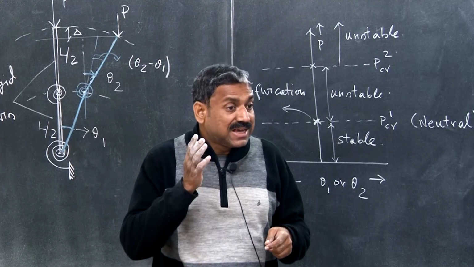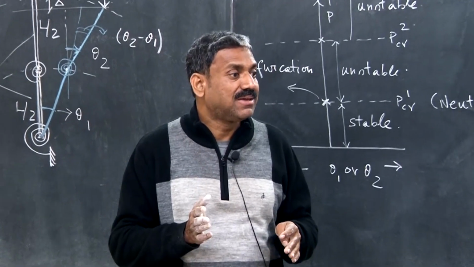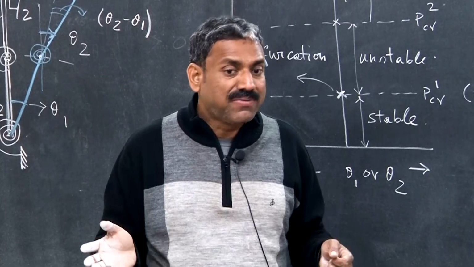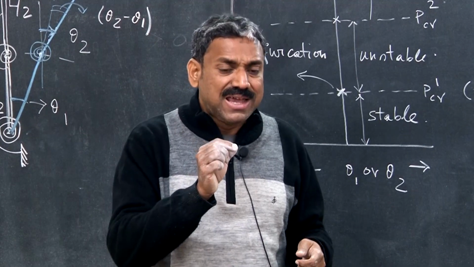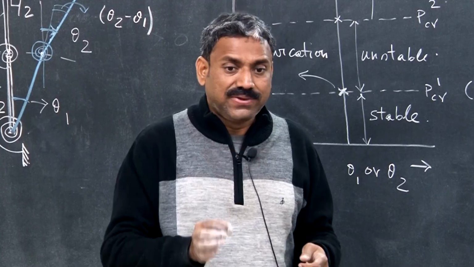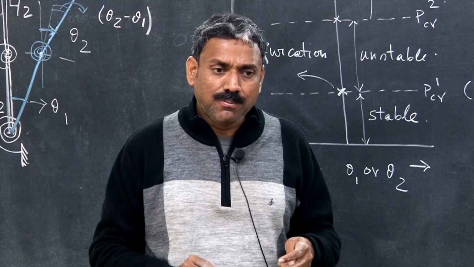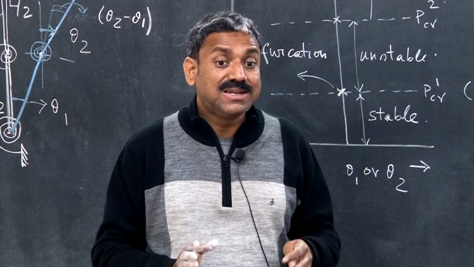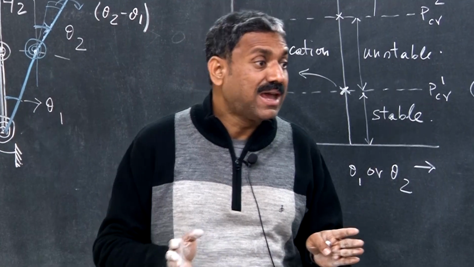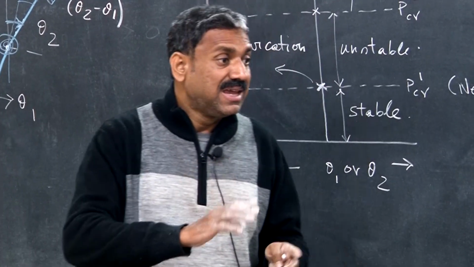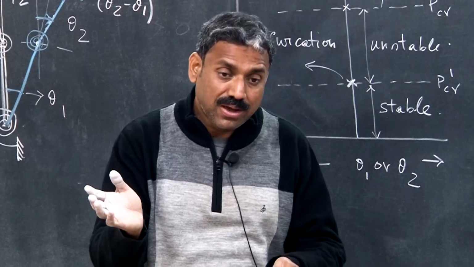But as soon as the critical load is exceeded, what is happening? The system is bifurcating. Why? When it is at critical, it is in neutral equilibrium, but slightly above this, it is unstable. Then it will diverge in one direction. That means it is no more coming back to the original configuration.